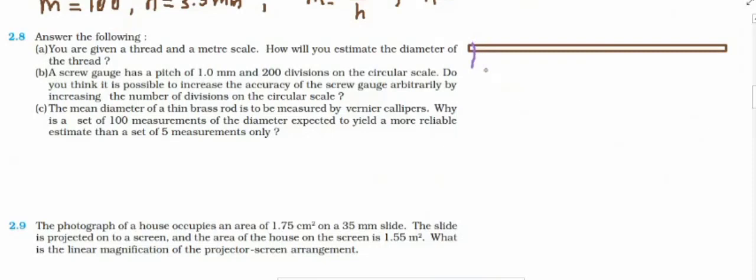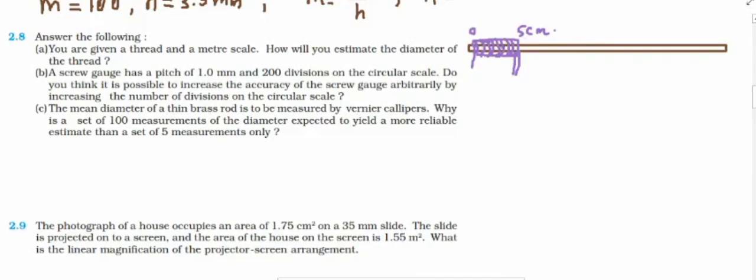Make tight windings over the scale in such a way that each winding is in contact with the next. Suppose you have started the winding from 0, and the windings got over at 5 centimeter. Now the total length of the windings is 5 centimeter.